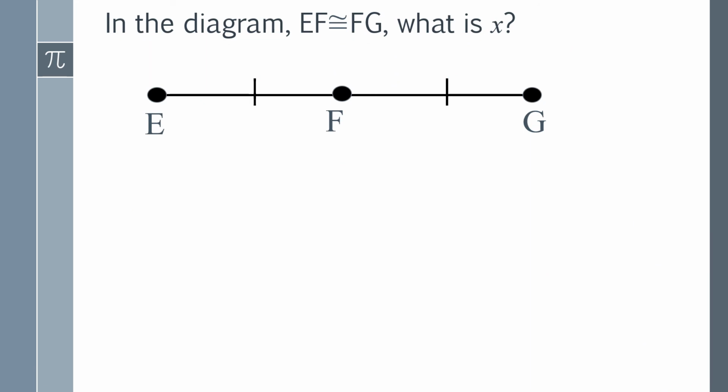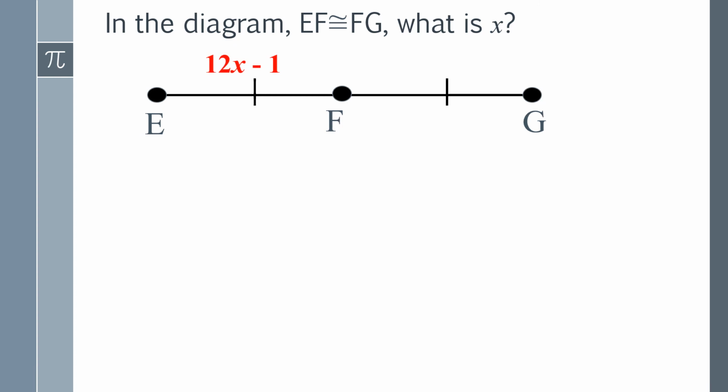In the diagram, the length of segment EF is congruent to the length of segment FG. What is x? When you think about the word congruent, it means the same length, same measure. So notice that each segment has a tick mark. Segment EF has 1 tick mark. Segment FG has 1 tick mark.